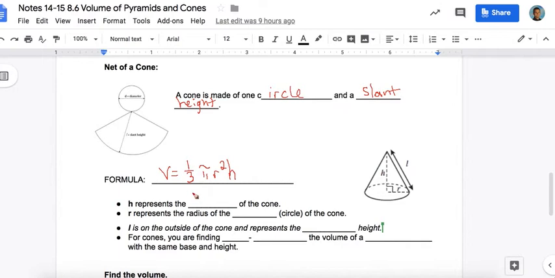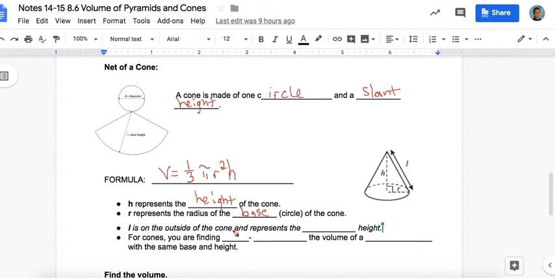So let's look at the different letters in the formula. H represents the height of the cone. R represents the radius of the base, which is the circle of the cone. L has the same meaning as it did on the pyramid.